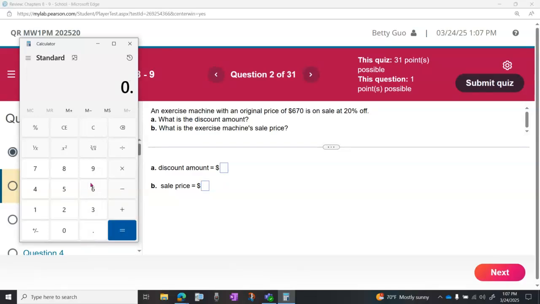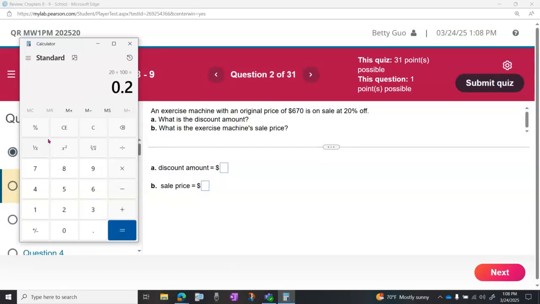Be very careful. If you are not sure whether 20% as a decimal is 0.2 or 0.02, you can just translate 20% in a calculator like this. 20%. Per means divided by, cent means 100. And the calculator will do this for you, all right?